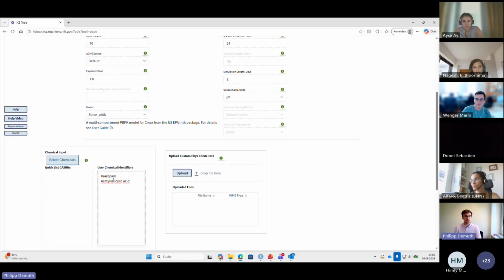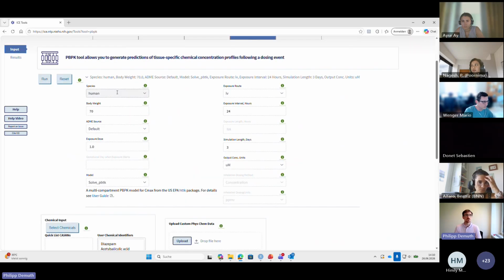So I would like to get into two compounds, diazepam and acetylsalicylic acid, two drugs, two painkillers, which have highly different toxicokinetics. So luckily for those compounds, we have the input parameters already in the database. So we just have to provide the model parameters. So we have human as a species.